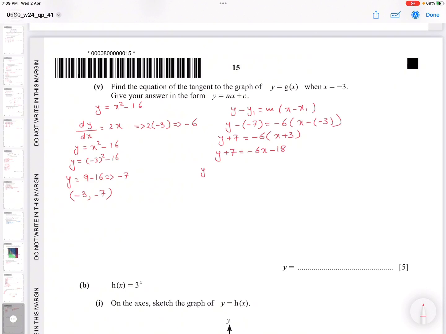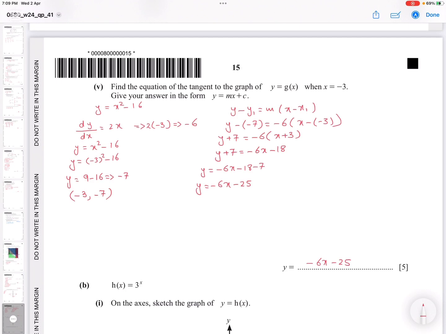So y equals minus 6x minus 18 minus 7. So y equals minus 6x minus 25. So this is in the form y equals mx plus c. So y equals minus 6x minus 25.